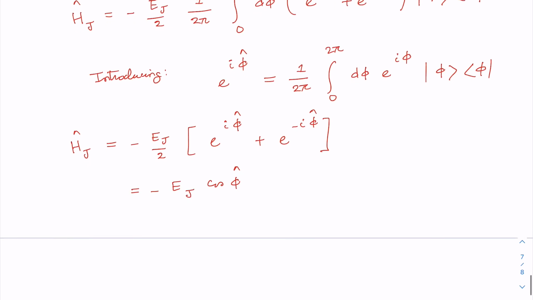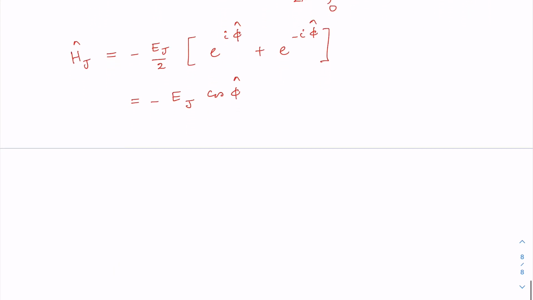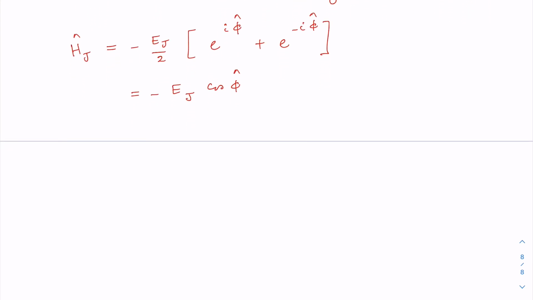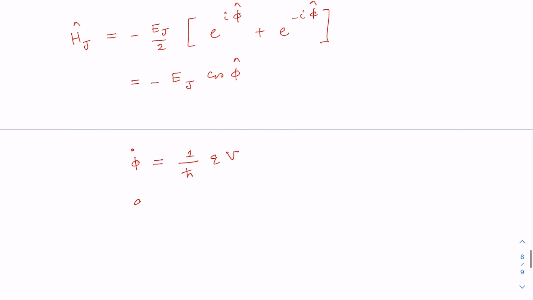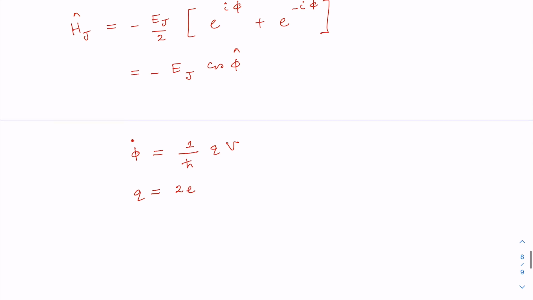This phase difference phi is related to the magnetic flux via this equation that we discussed in lecture 18: phi dot is equal to 1 by h cross times q times v, charge times v. Here the charge is equal to 2 electron charge, 2e.